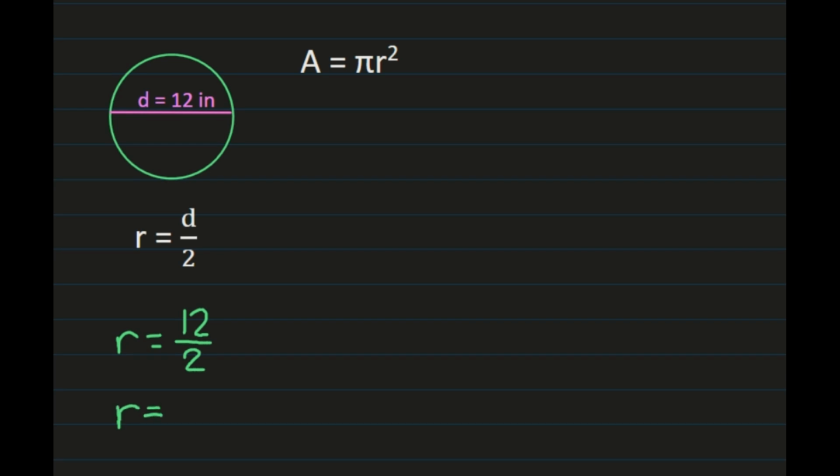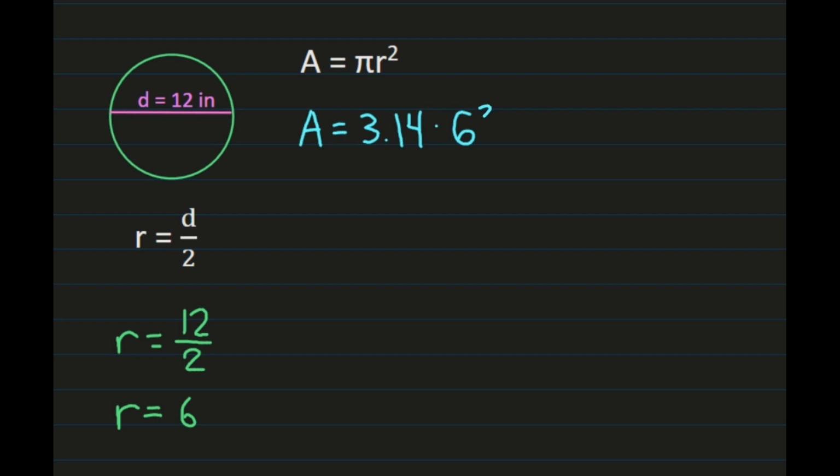Now that we have a radius, we can go to our formula and start setting up our work. We'll have area equals pi. For pi, for our calculation purposes, we are using 3.14. So we'll substitute 3.14 in for pi times our radius squared. And that radius that we just calculated was 6. So we're going to substitute 6 in for r in our equation.